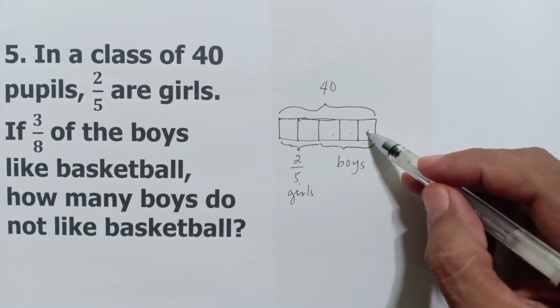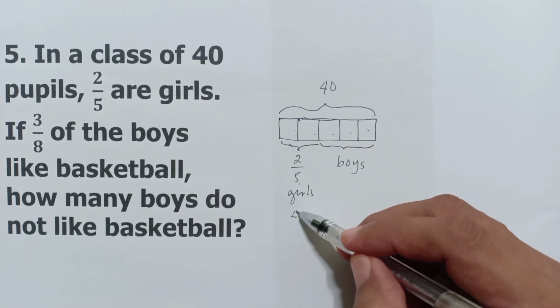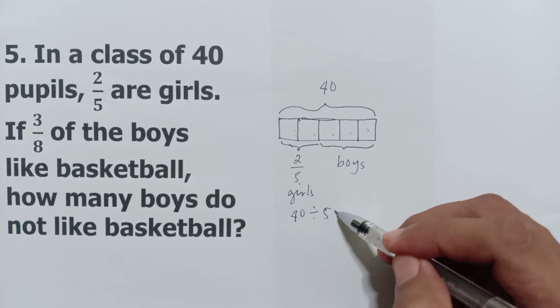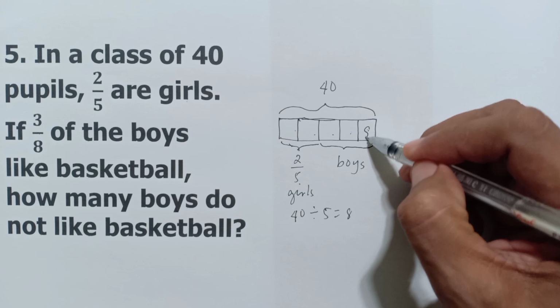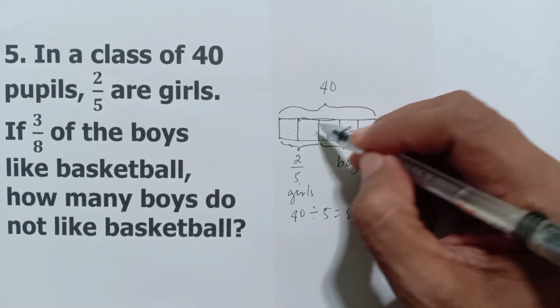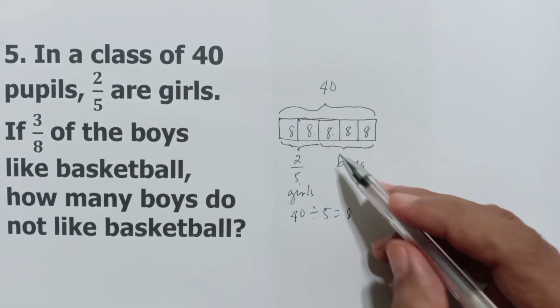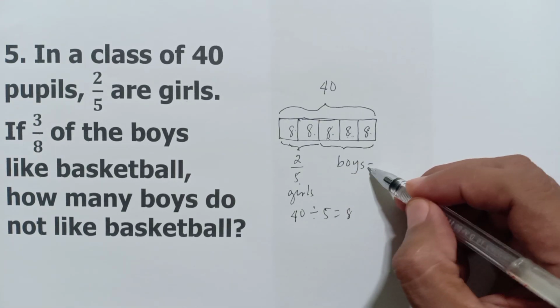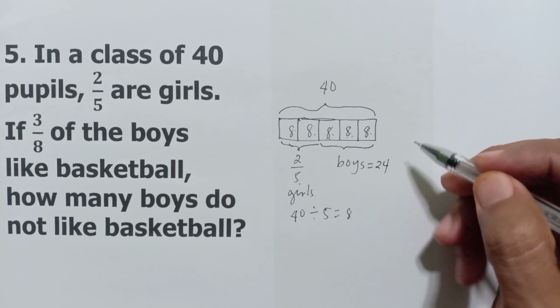So how to get the value of 1 part? We simply divide the 40 by 5 equal parts, correct? And that will give us 8. So each part here is 8. Do you agree? So if you notice, there are 8, 8, 8. That's 24. So there are 24 boys.